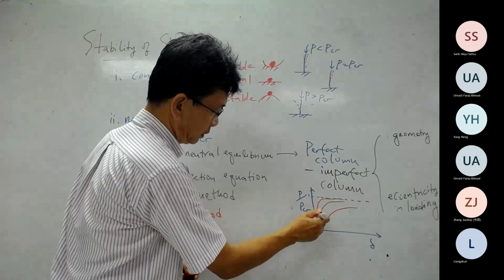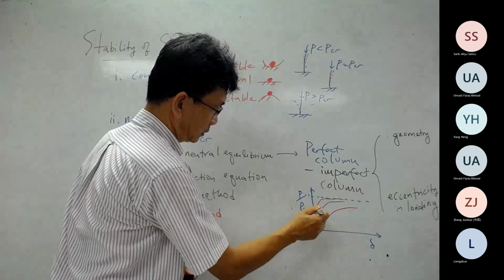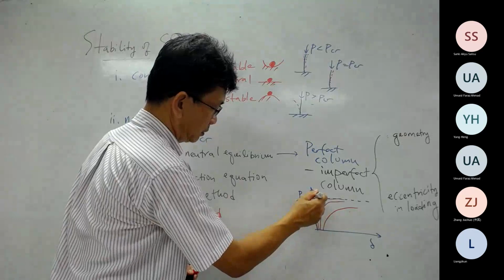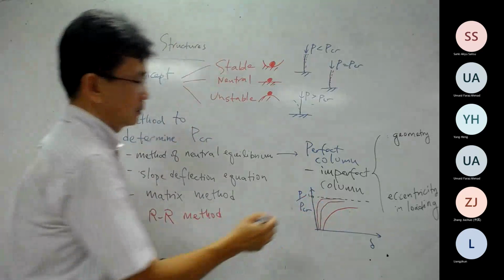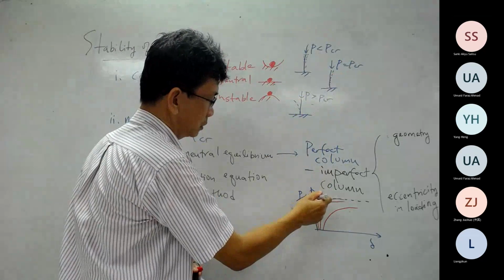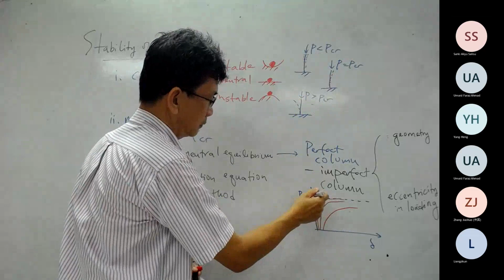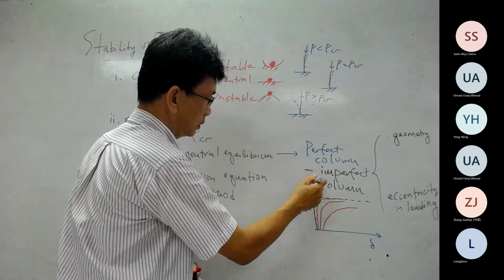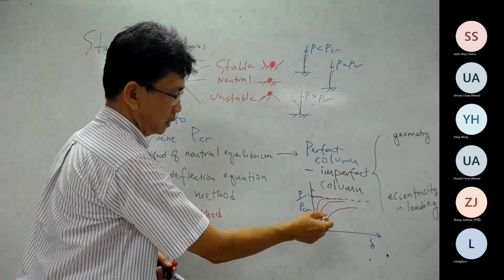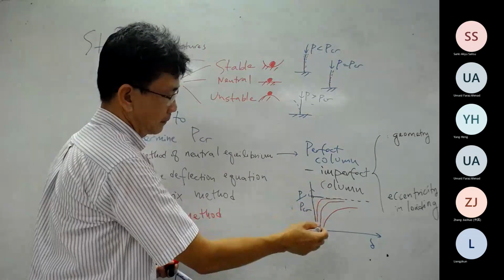Perfect column is everything perfect. There are no deflections. So when it comes here, there is a bifurcation point, and it can go to another solution. And if you go up here, then the straight one becomes unstable. So this curve here is for the perfect column.